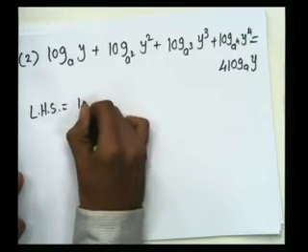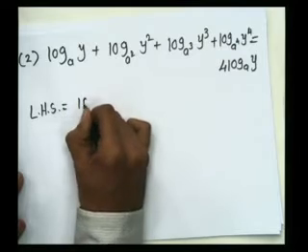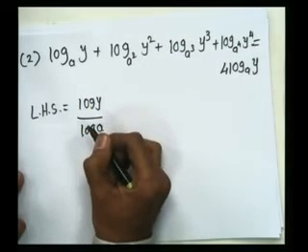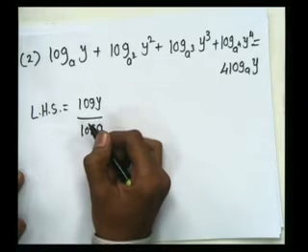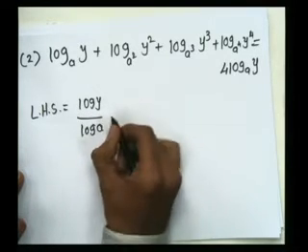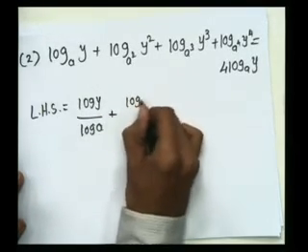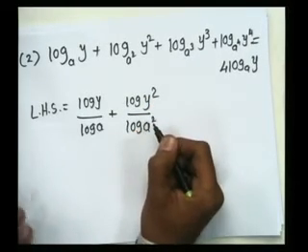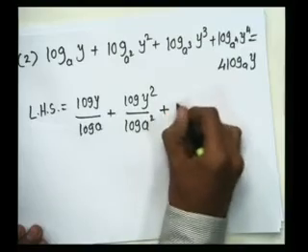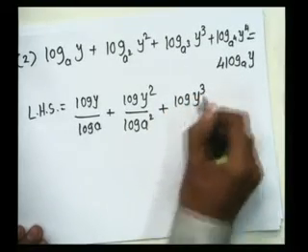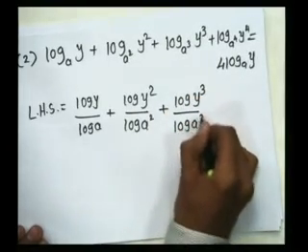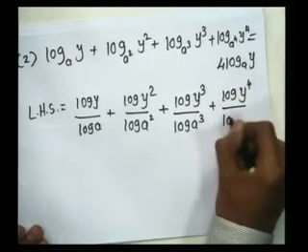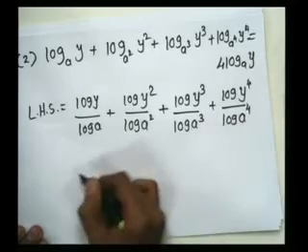According to that, one can write log base a of y as log y by log a. Here I have not written base, you can understand that base is e, meaning natural logarithm. Second term can be written as log y square over log a square using change of base property. Third term log y cube over log a cube plus log y raised to 4 over log a raised to 4.